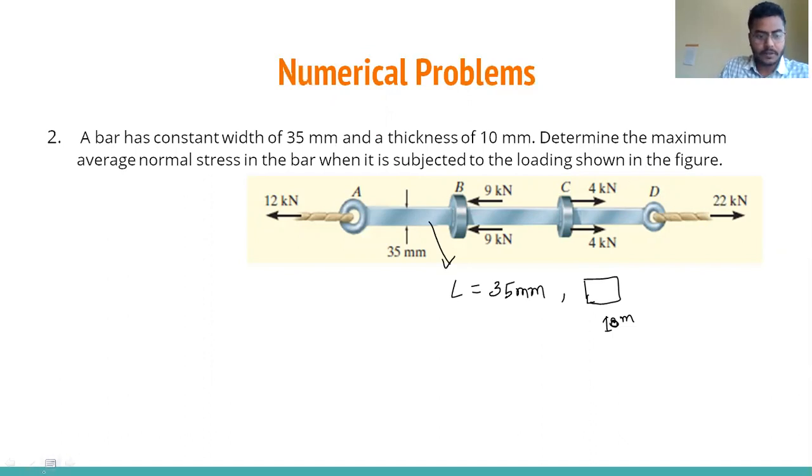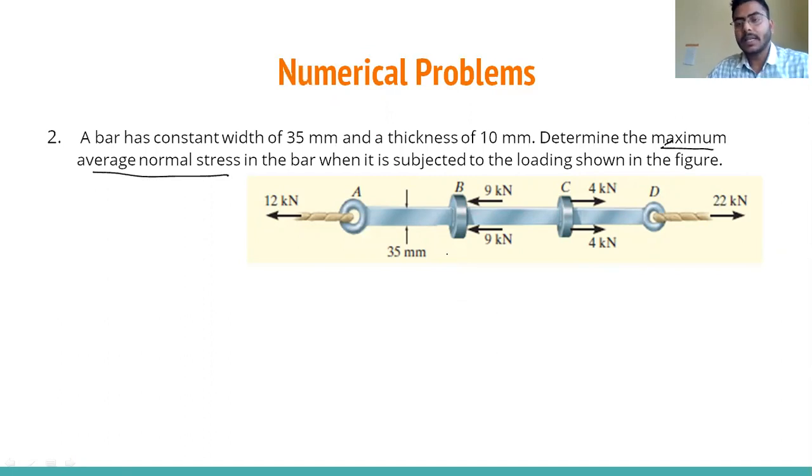The question which is mentioned, maximum average normal stress. See, whenever the pulling force or the pushing force are equal throughout the section, this normal stress will be constant throughout the length of the bar. But in this case, you can see here is 12 kilonewton and here is 22 kilonewton.